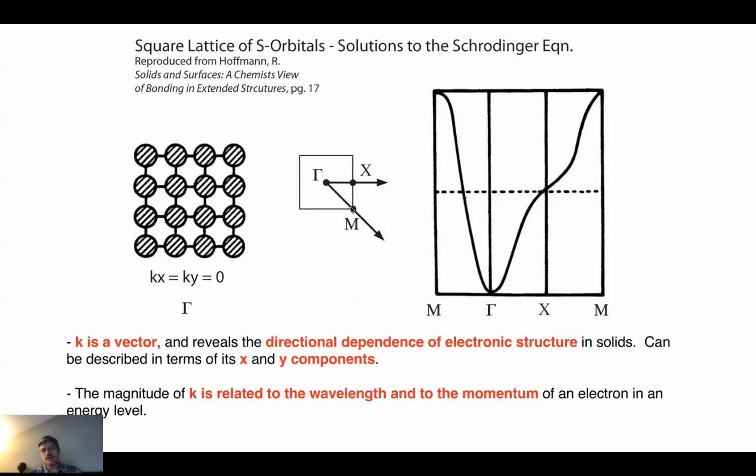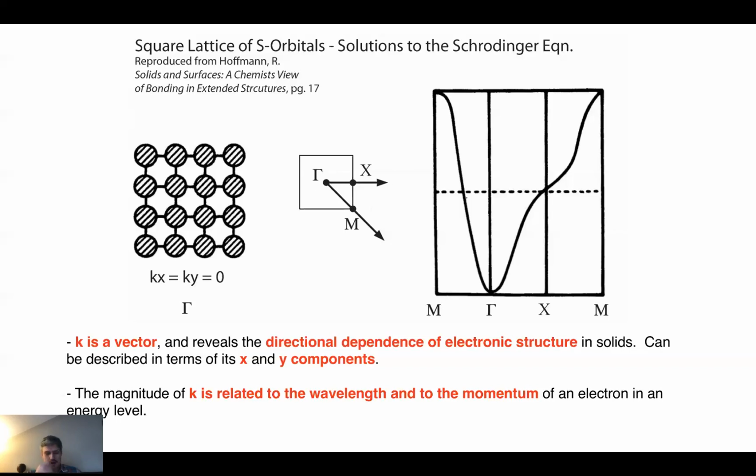The M point is pi over a in both x and y. Okay, this is the y direction and the x direction varying from 0 to pi over a, and you'll see this is the all anti-bonding combination. And the x direction is actually the non-bonding case. It's the one where k is varying from 0 to pi over a only in x and not in y.